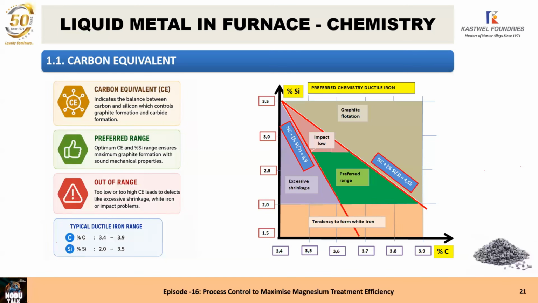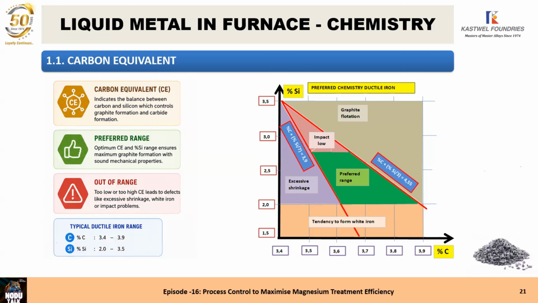The best guideline for selecting the carbon equivalent, according to me, is to use the table provided by Rio Tinto, Mr. Kaban, in which he has given different wall thickness levels of the castings: less than 12 millimeters, 12 to 25 millimeters, 25 to 50 millimeters, 50 to 100 millimeters, and more than 150 millimeters.